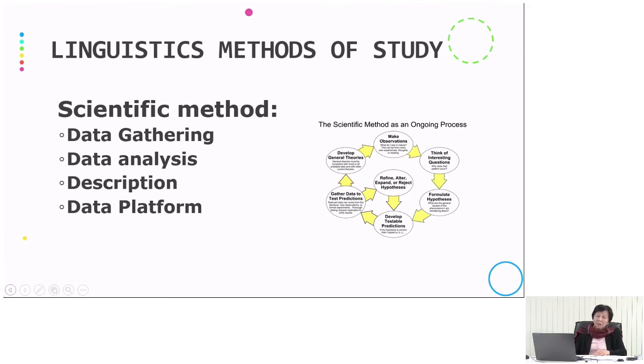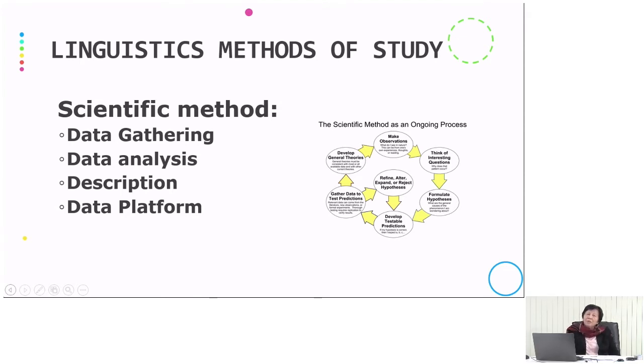Okay? Usually, when you study anything, no matter what subject you are going to involve, if you use scientific method, your answer, your results will be very, very true.